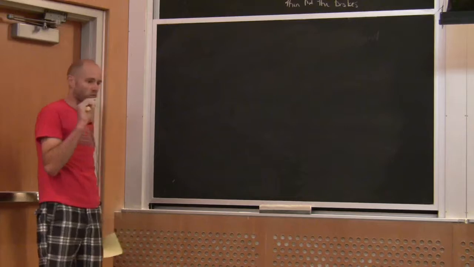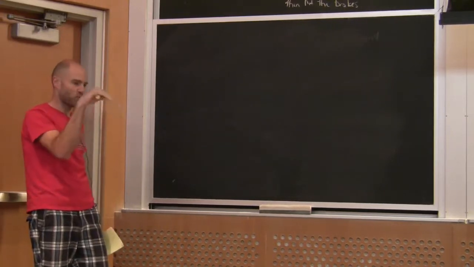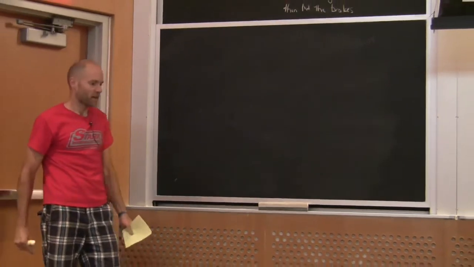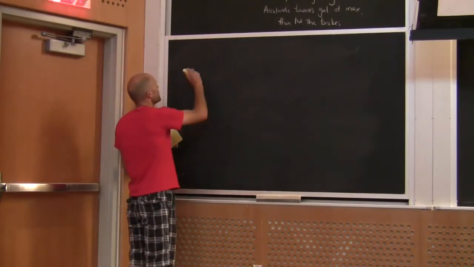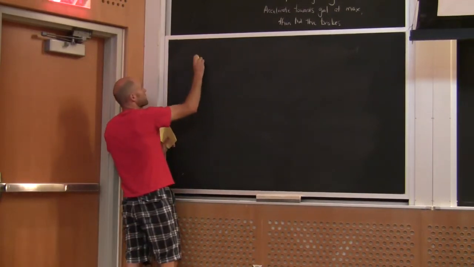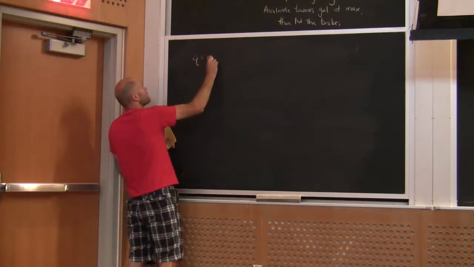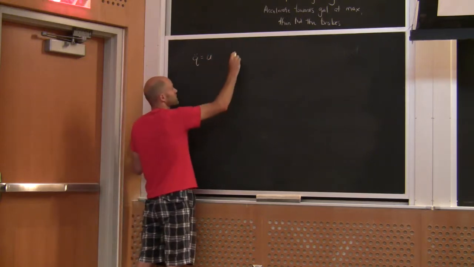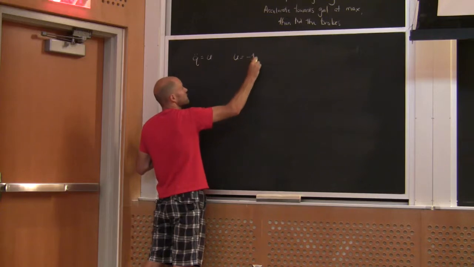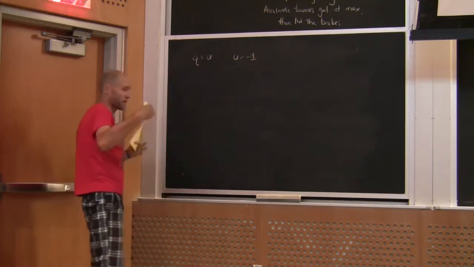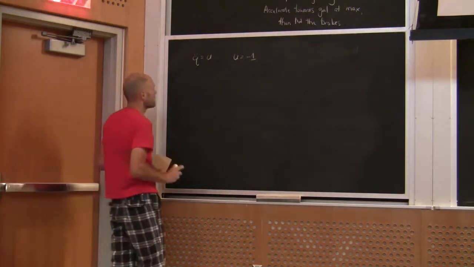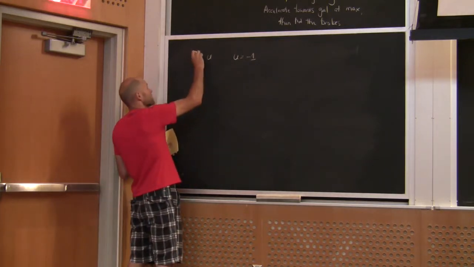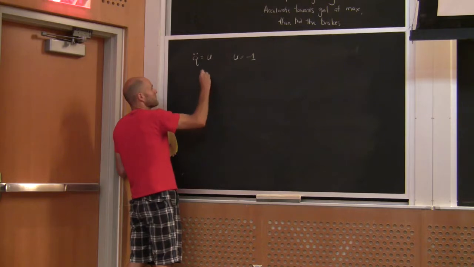So let's just think about life on the rails. If you're slamming your foot on the gas or on the brakes, let's pick one of them and work with that. So if I did q dot equals u, with, let's say, u equals -1 first, you can decide, depending on which side you're on, that might be the gas or the brakes, but these are equations that I can solve happily, right?